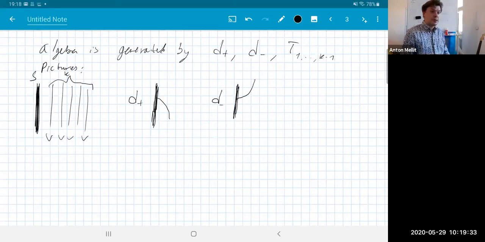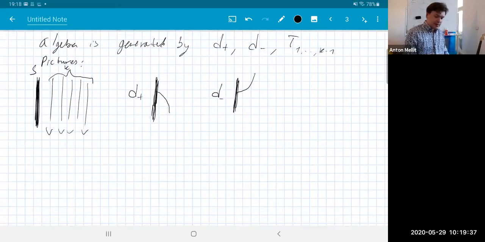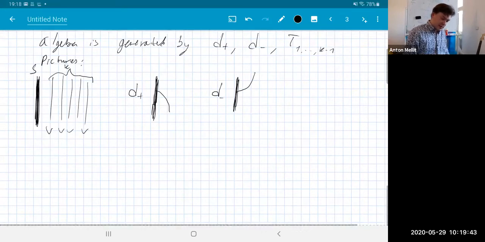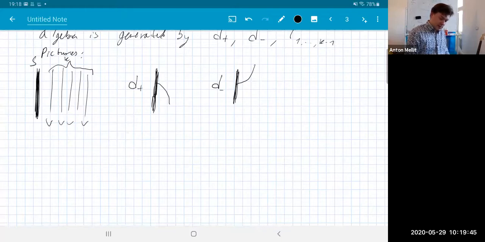and D minus looks like this. And it's clear that D plus increases the number of strands and D minus decreases the number of strands. So this is Ti, it looks like this.